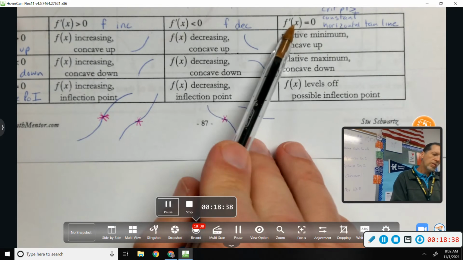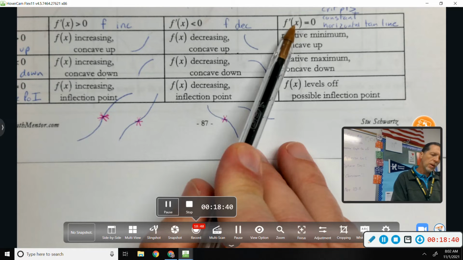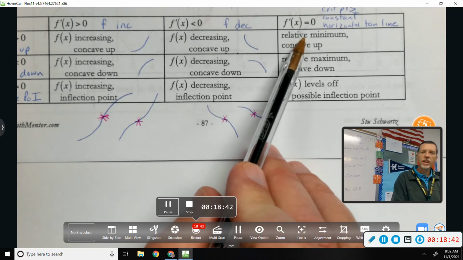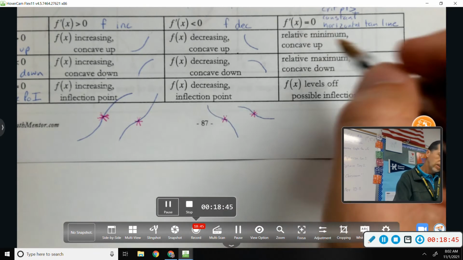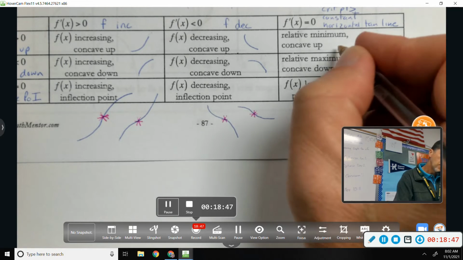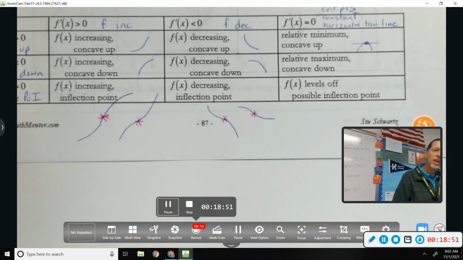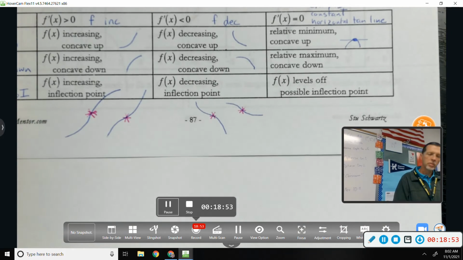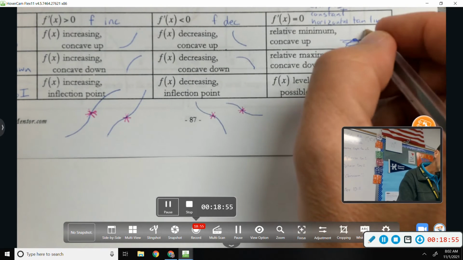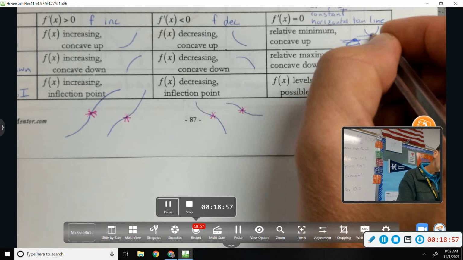Let's see, if f prime is 0 and f double prime is positive, well, they kind of gave away the answer there. So concave up, with a horizontal tangent line, makes a minimum.